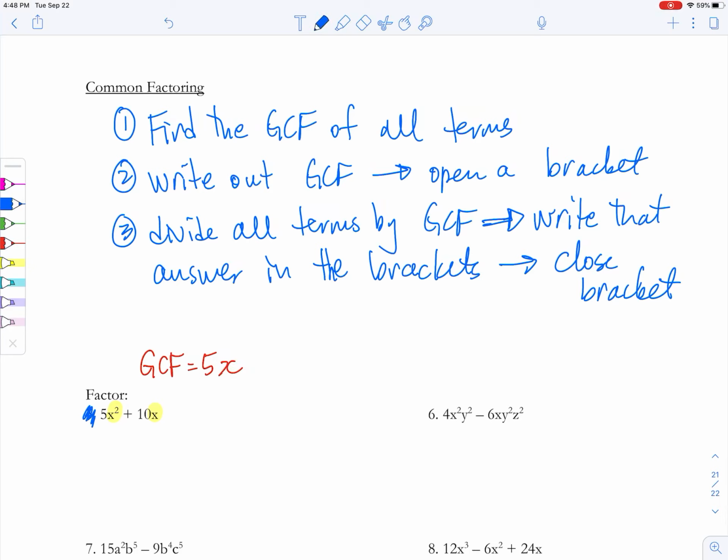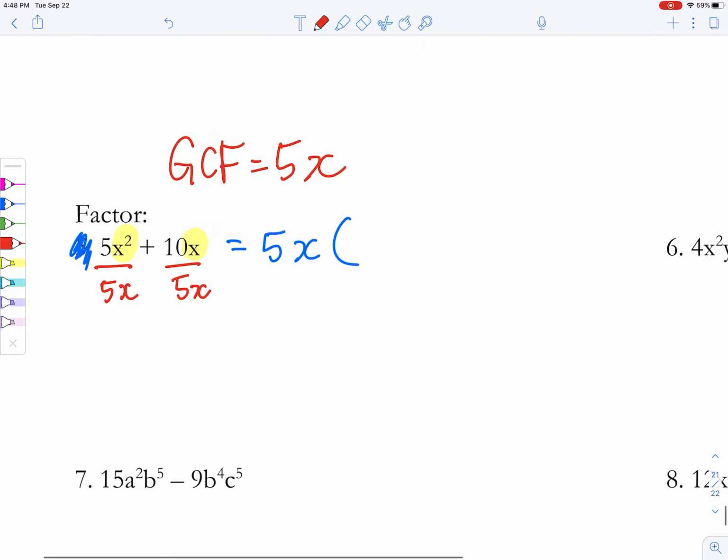So the GCF is 5x, and I'm going to write equals 5x and open the bracket. Inside the bracket, I'm going to write the answers of what I get when I divide each term by 5x. For the first term, 5x squared divided by 5x, I'm left with just an x. And then plus 10x divided by 5x, I'm left with a 2.